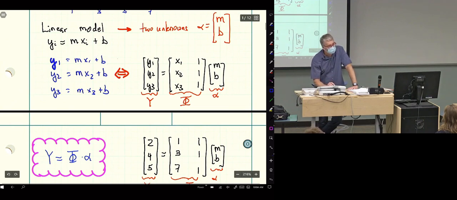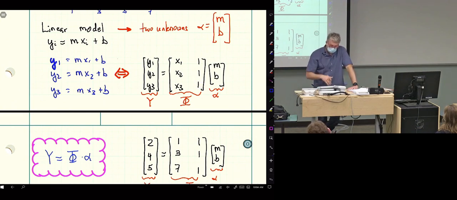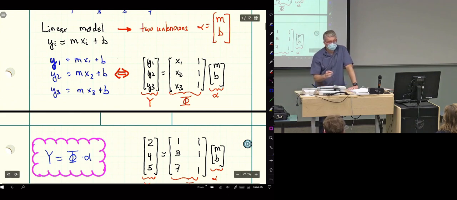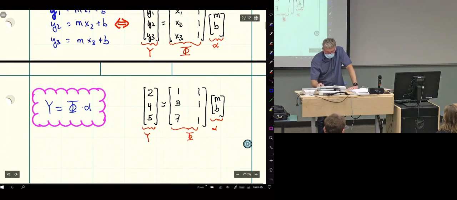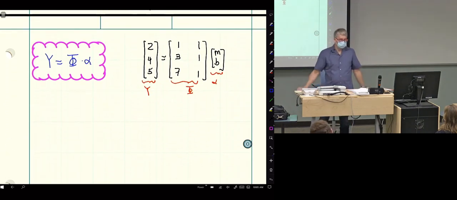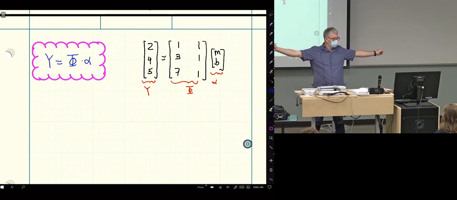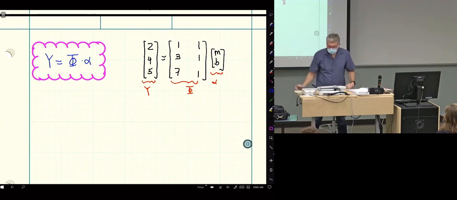Okay, so that's where that came from. b is multiplying a 1. So I get a column of 1s when I have a constant. If it depends on x's, a little bit later, we'll have x squared terms in here. We won't limit ourselves to just fitting a line. Okay, so that's where we're picking up. We're good? Ready to rock and roll?